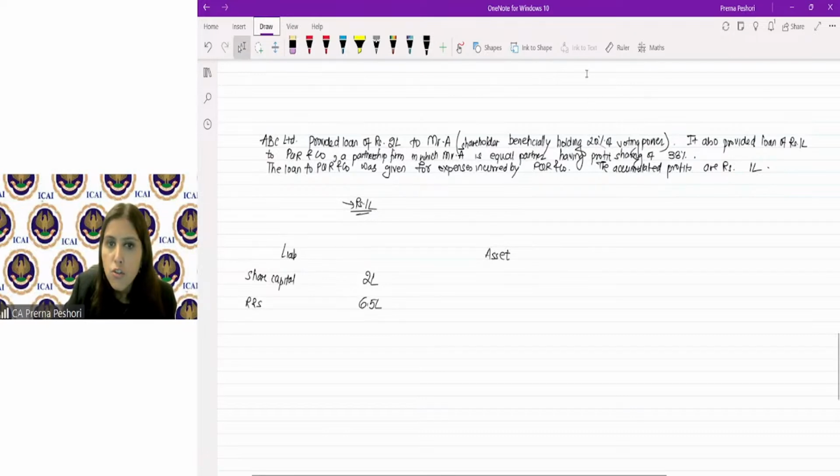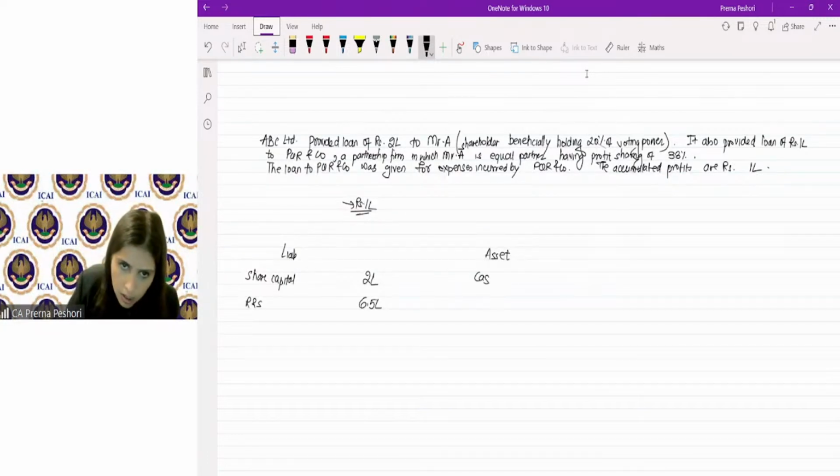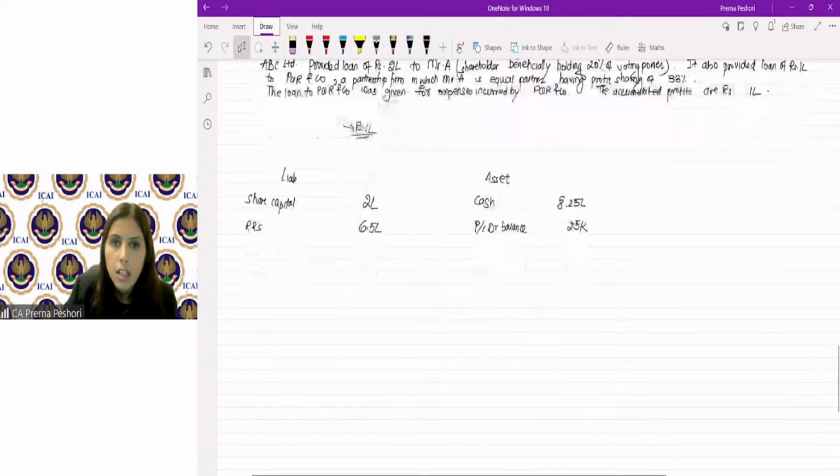And I have cash of 8,25,000 as the asset. And balance is P&L debit balance of 25,000. Fine. Now, this is my balance sheet.